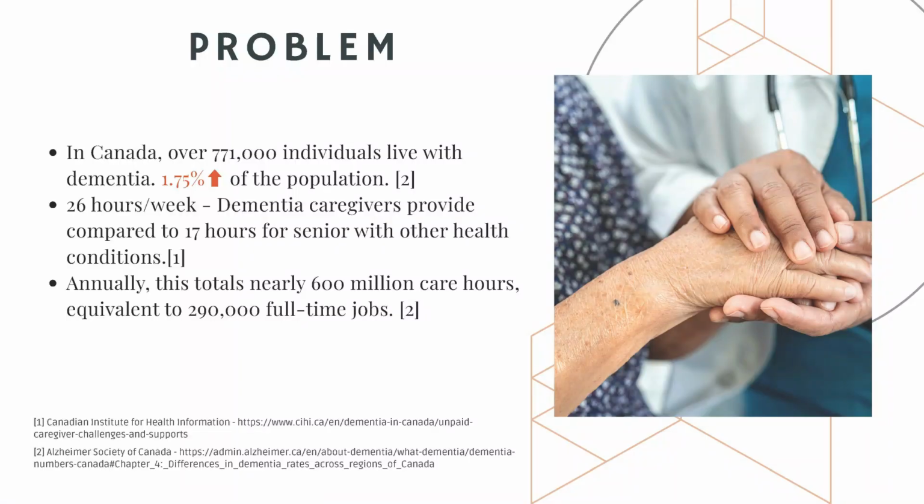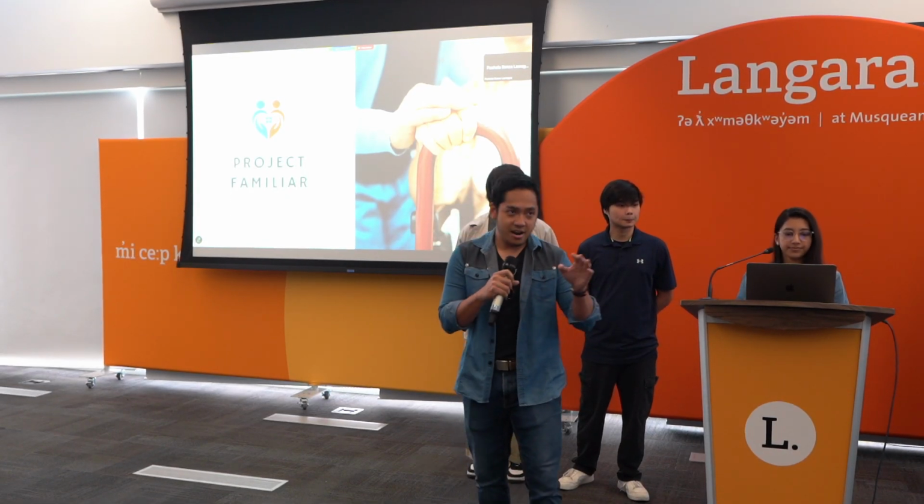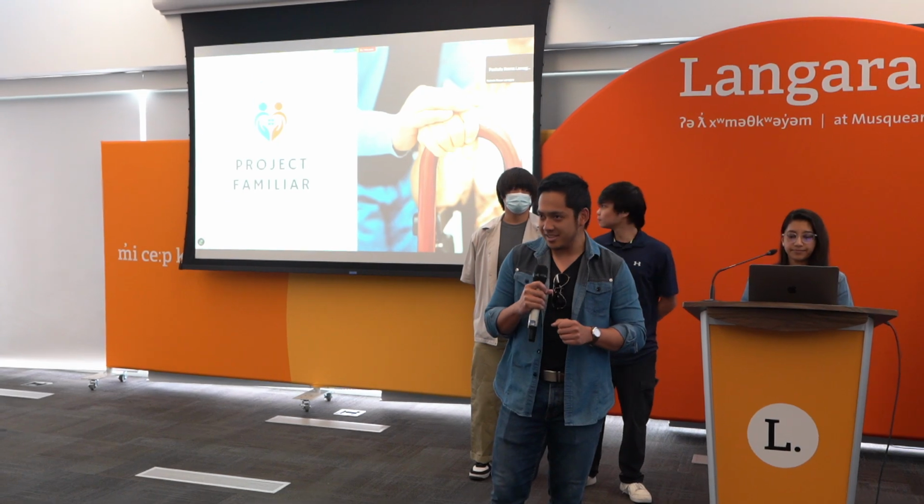Hi everyone, I'm Pachola Magna, project manager and developer of Project Familiar. Did you know there are over 770,000 Canadians affected with dementia? That's over 1.75% of the population, and it keeps increasing every year. Dementia caregivers provide over 26 hours of care every week, compared to caregivers of other health issues, who provide only 17 hours.